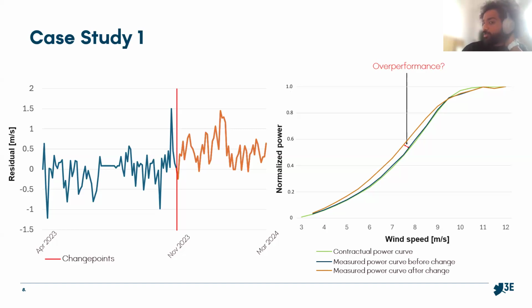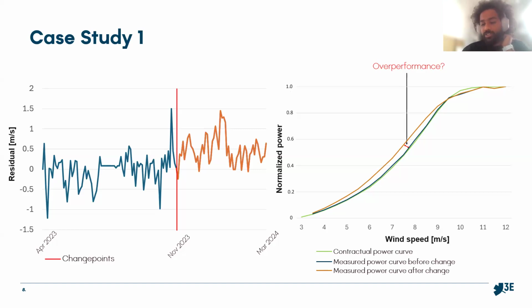In this case, we could detect the change, and when the customer checked the turbine, they realized there was some fault in the alignment of this anemometer. So it was not a case of overperformance.